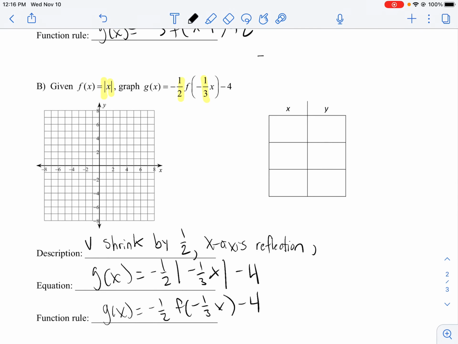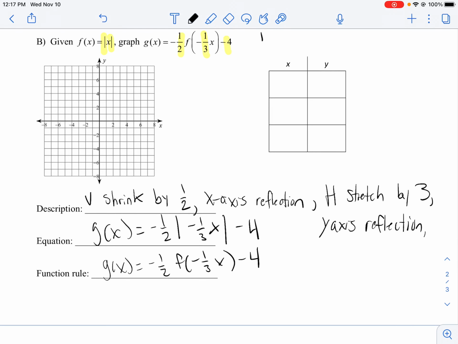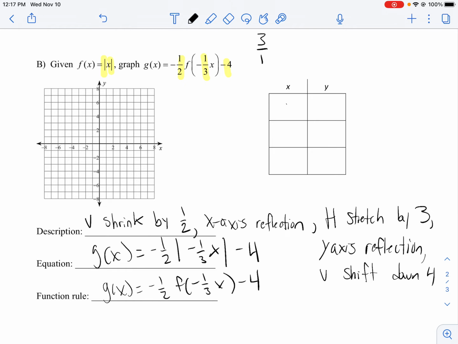The reciprocal of 1/3 is 3/1, so it is a horizontal stretch by 3. You also see a negative there, which means it is a y-axis reflection as well. And last but not least, we have that minus 4 on the outside, so that would make a vertical shift down by 4. Absolute value has the points negative 1, 1, 0, 0, 1, 1.